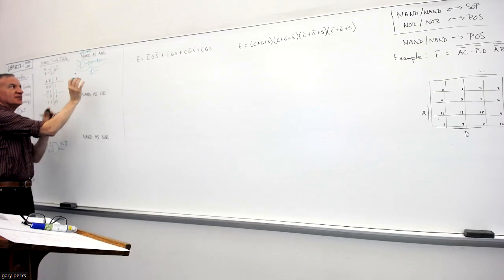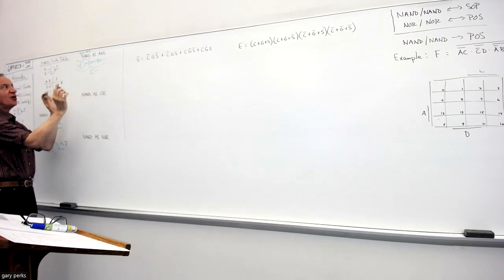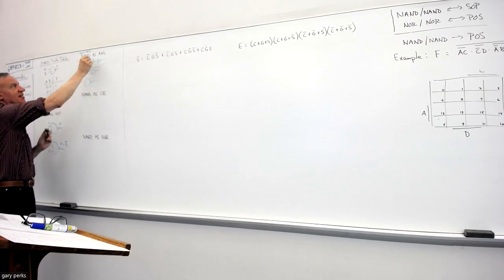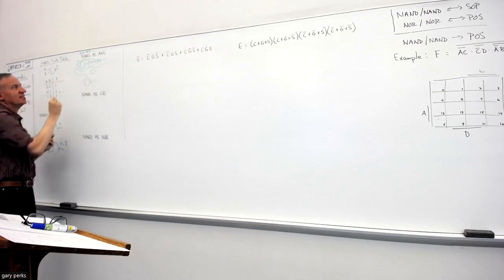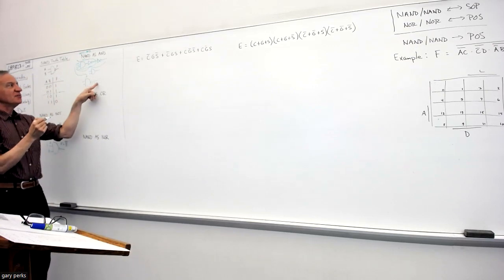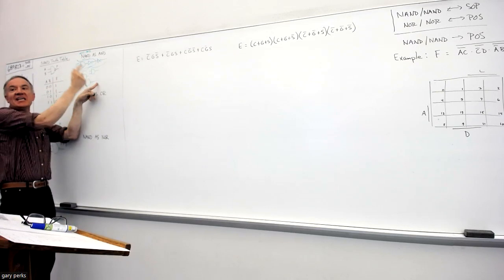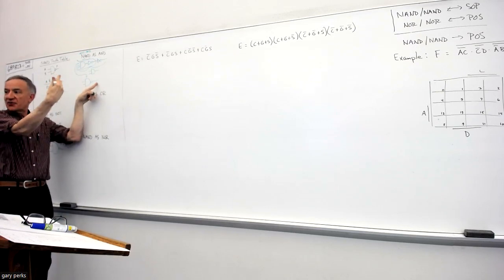So now, to make this with all NAND gates, I'd have my NAND, because like we said, AND with an inverter is the same thing as an AND. And now at the output of that NAND, I put a NAND that's connected as an inverter.